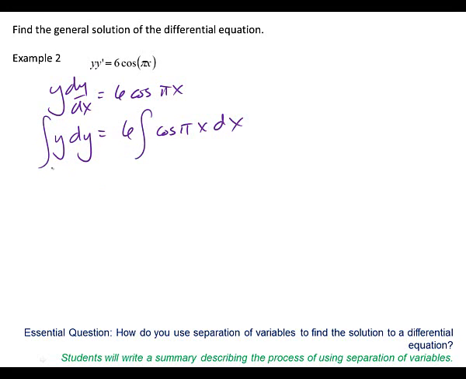On the left side, what do I do to integrate the y? Over what? 2, good. On the right side, I'm going to need a u for this piece, right? So u is going to be pi x, which means that du equals what?